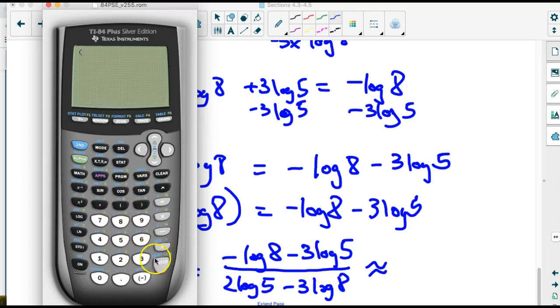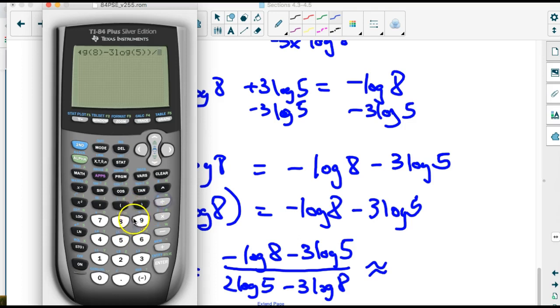So we're going to do that. So here's my negative sign, minus log 8 minus, oops, I need to put a parentheses there because that's what it has there for 8 minus 3 log 5, parentheses, parentheses. So that's the top of the thing.